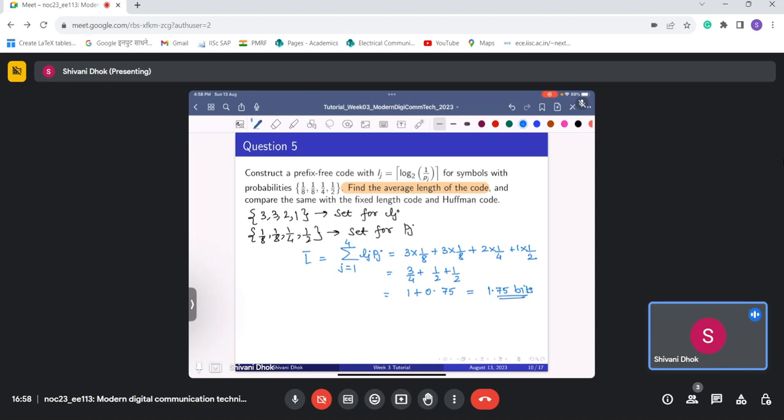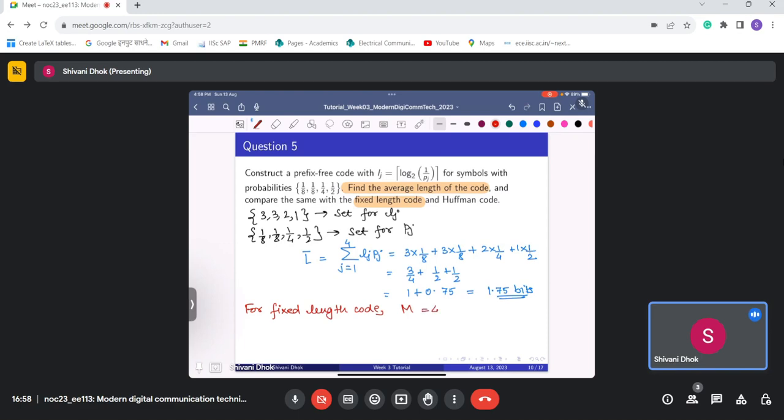Now how many symbols do we have? So we need to compare this with fixed length code. So if I need to go for fixed length code, what is the value of M?